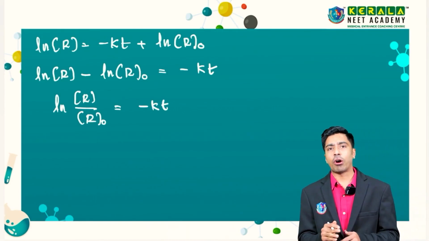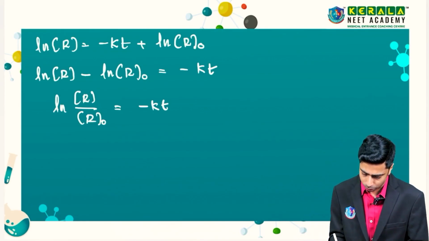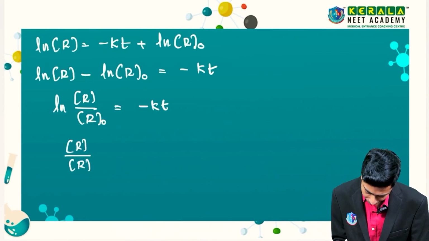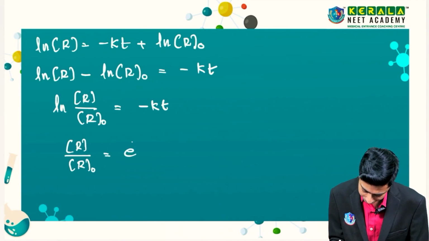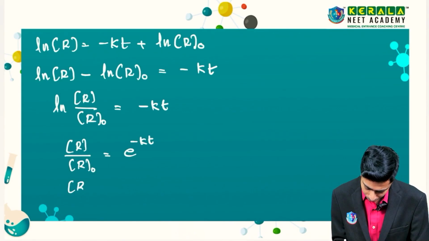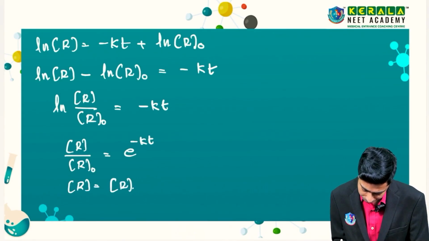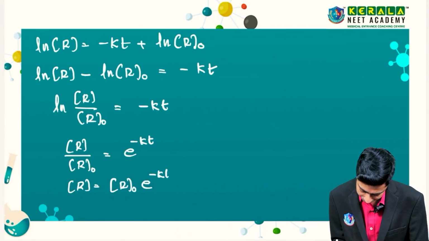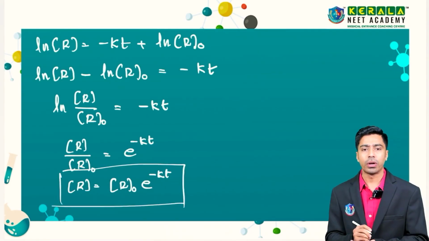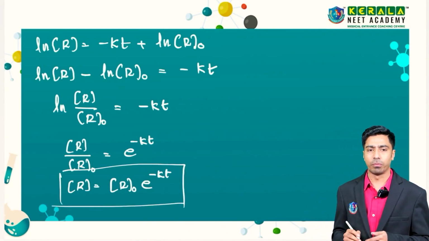Now if you take anti-log on both the sides, we'll get r by r0 equal to e raised to minus kt, and therefore r is equal to r0 into e raised to minus kt. So this is the next equation: concentration of r is equal to r0 into e raised to minus kt.